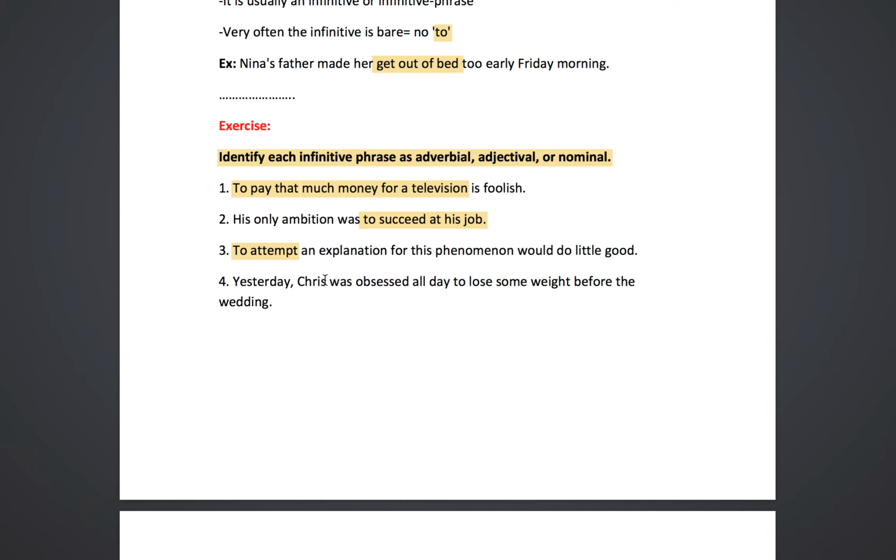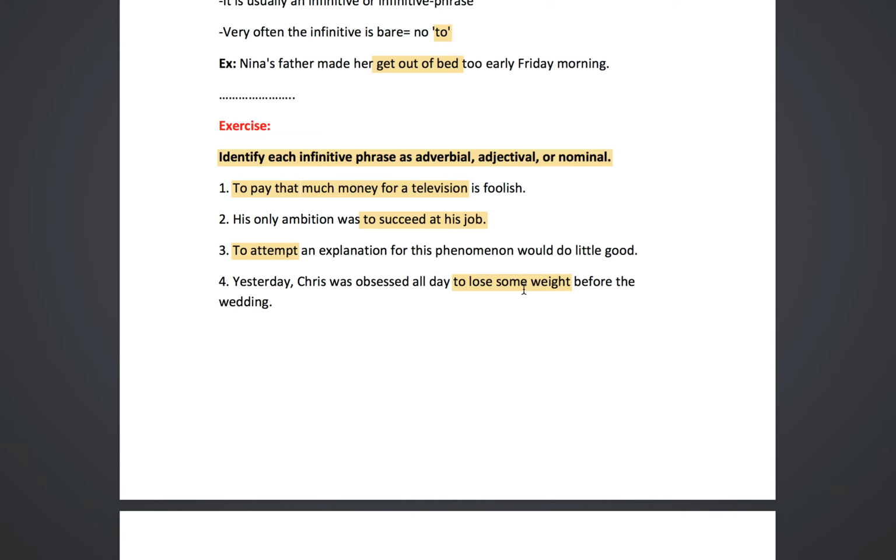Chris is the subject here, "was obsessed" is the verb, obsessed is the adjective, was the linking verb. All day to lose weight before the wedding. "To lose some weight" here makes the infinitive phrase.